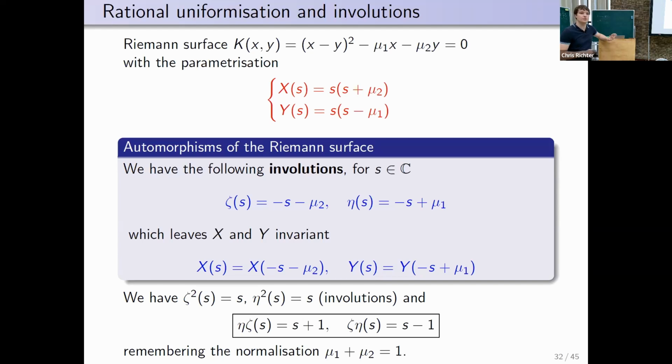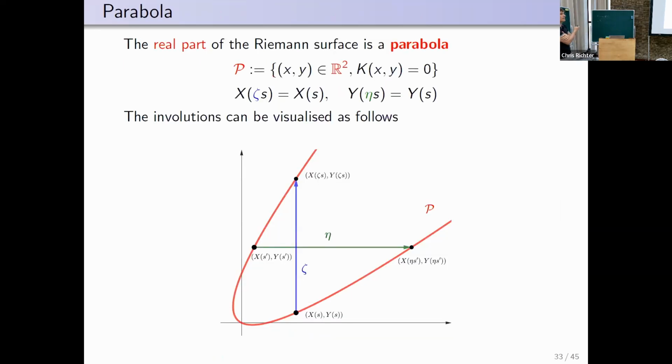It's a small computation, but it will be important for the rest of the talk. Now I can show you what these involutions look like geometrically. The parabola here is the real part of the Riemann surface, just the real points which cancel the kernel. It's a parabola because it's a degenerate kernel.